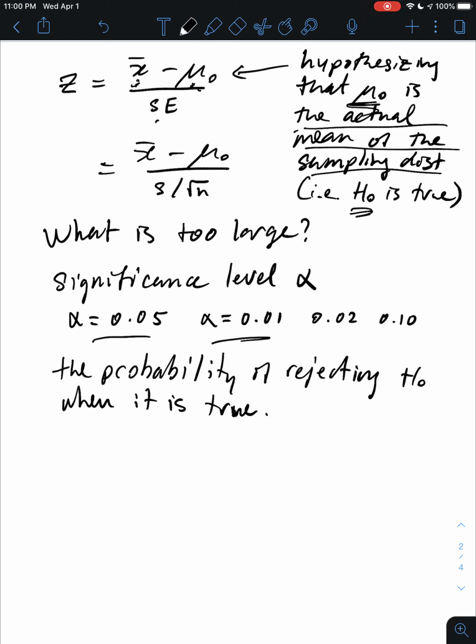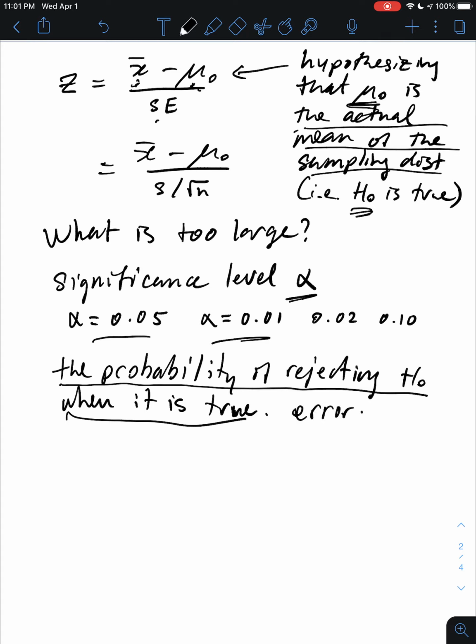Right, so that's the precise meaning. We've talked about the significance level before, in chapter 8, for example, but we haven't really given a very precise meaning to it until now. So the real meaning of it is the probability of rejecting the null hypothesis when it is true. This is an error.